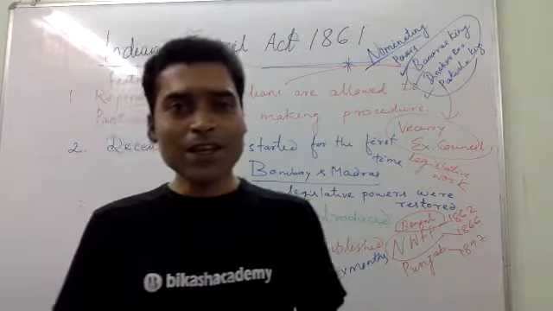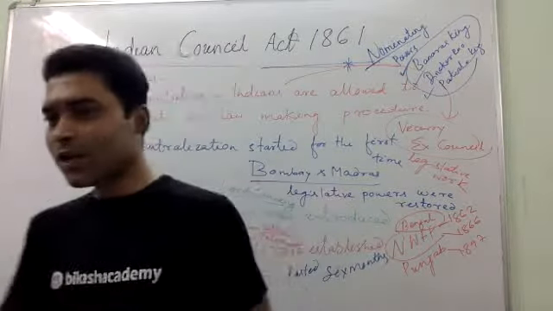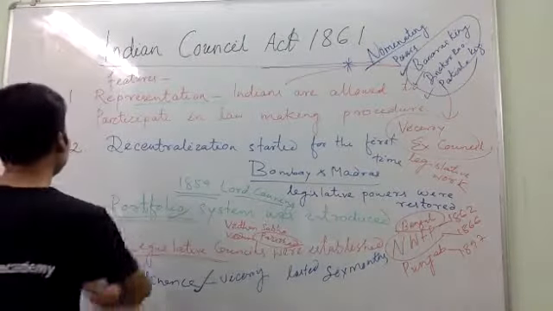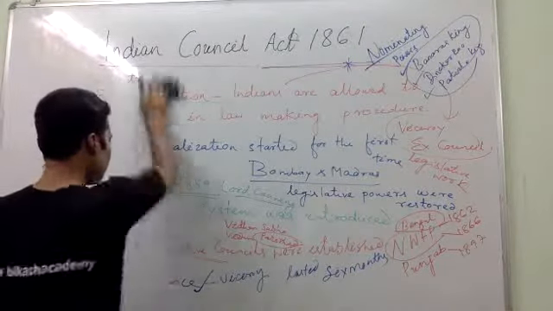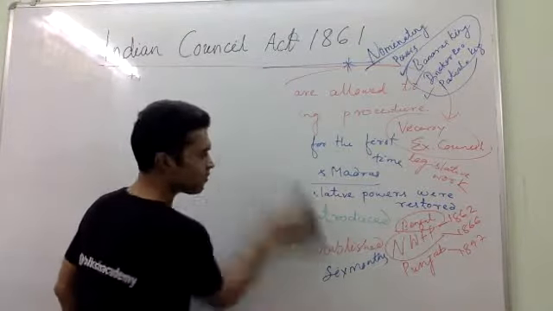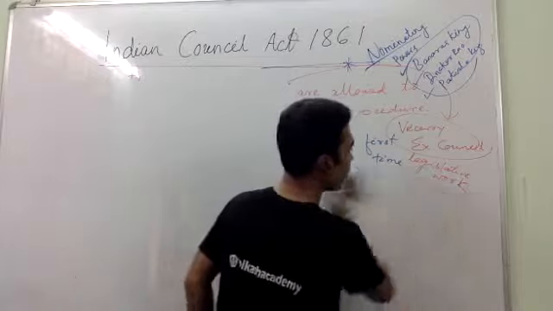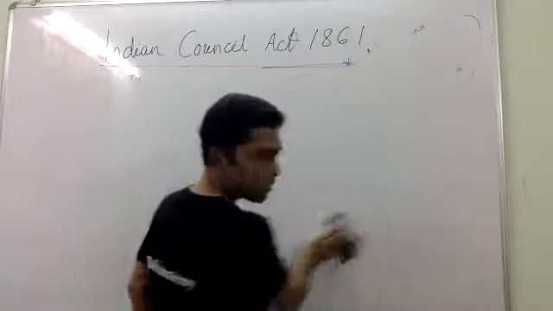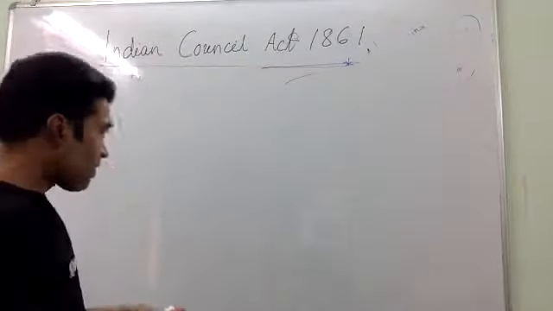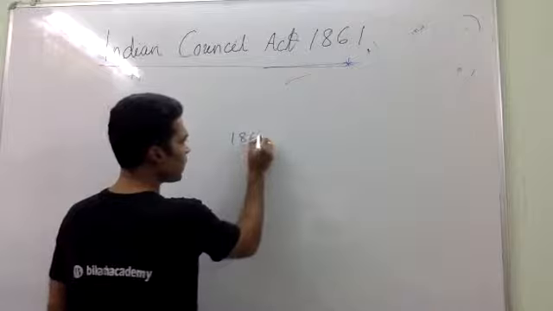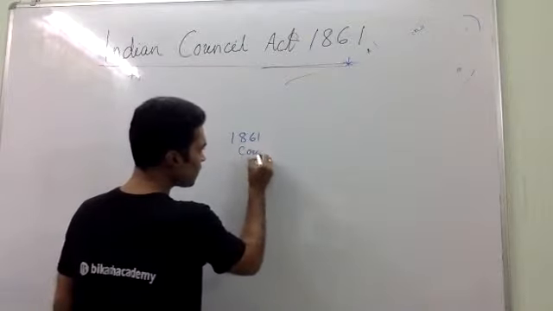We can revise it in a shortcut way. Just see. You can make a graph like this: 1861 Council Act.